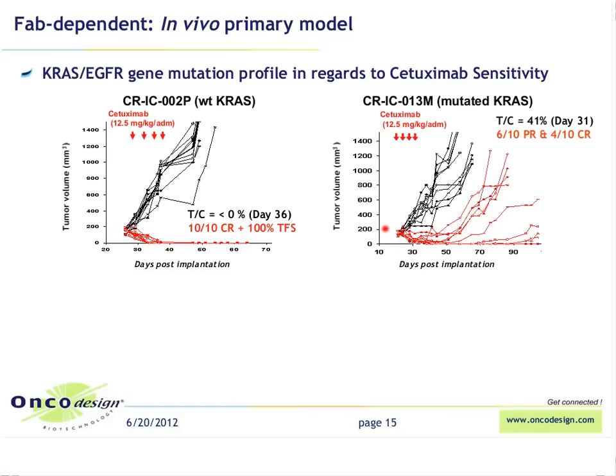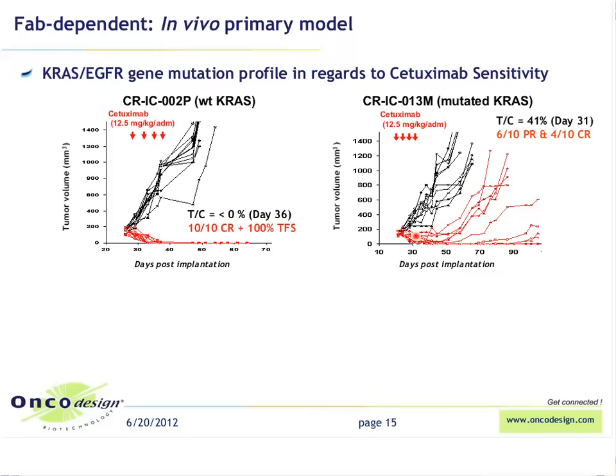A second model, which is KRAS mutated, highlights the effect of cetuximab in the first month after treatment.